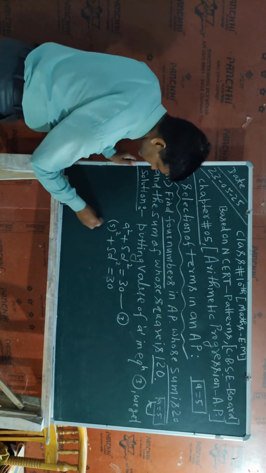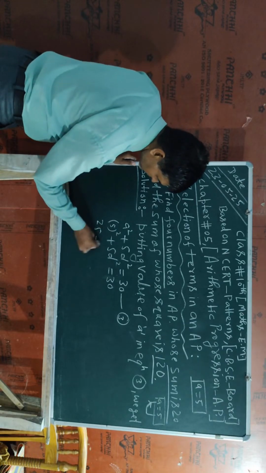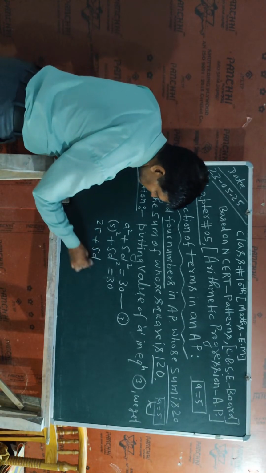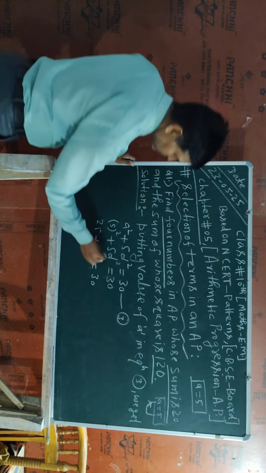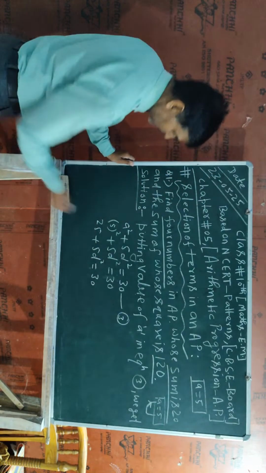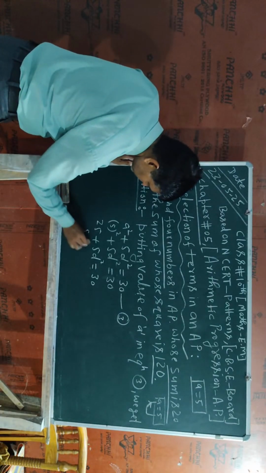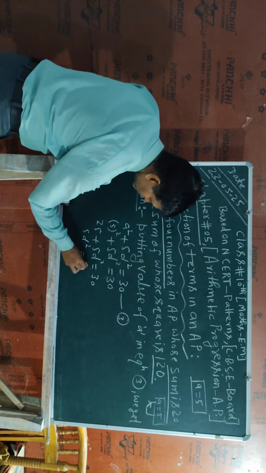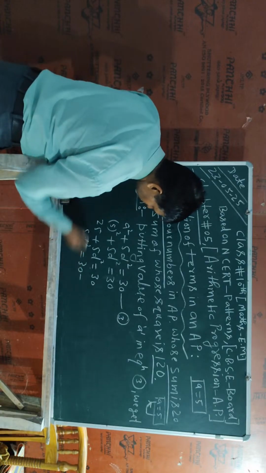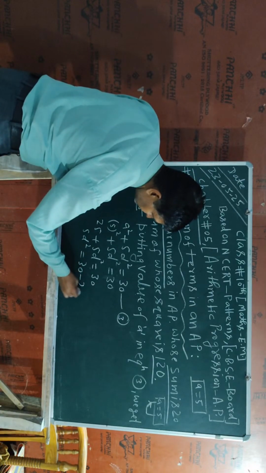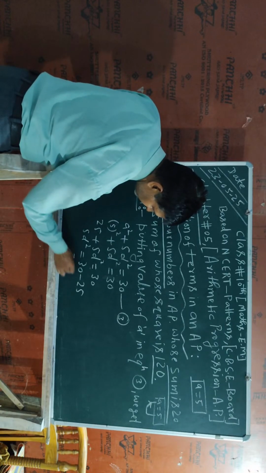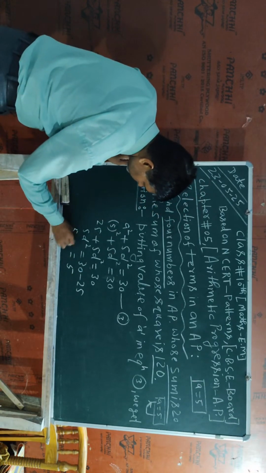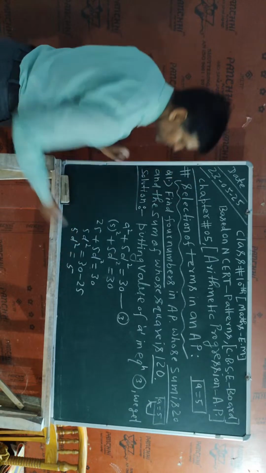So here I will say 25 plus 5b square which is equal to 30, and it will go on the right hand side, so that will be minus 25. So I will say 5b square which is equal to this one.